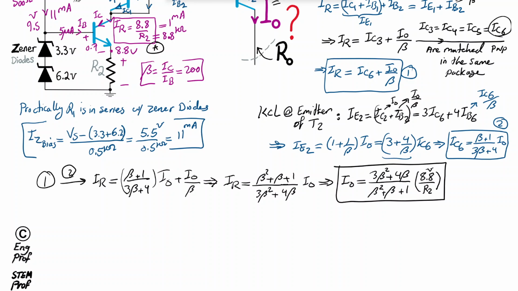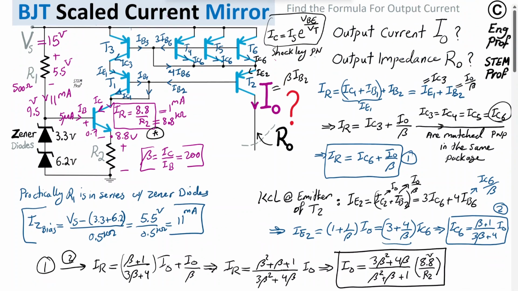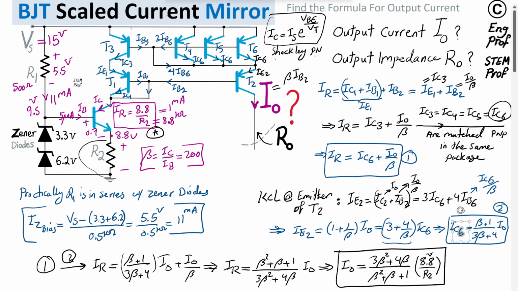In practice, we can have many options. If this is a discrete design, then maybe we can have a digital potentiometer, or if you want an analog potentiometer, but something accurate in place of R2 so that we can have some programmability in the design of this circuit if we want. If this is an integrated circuit, then we have different options in terms of integrated circuit design for R2. If it is discrete, again, either this is a digital potentiometer or it can be just a thin film resistor that has a very good accuracy.